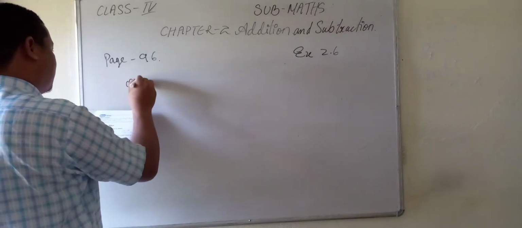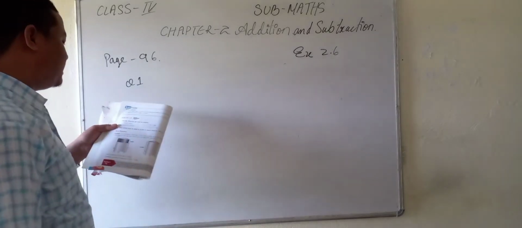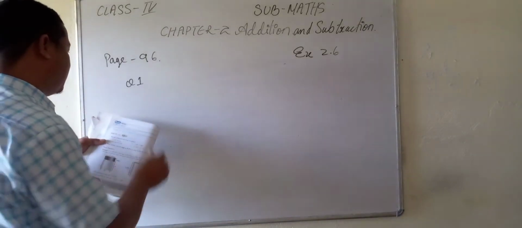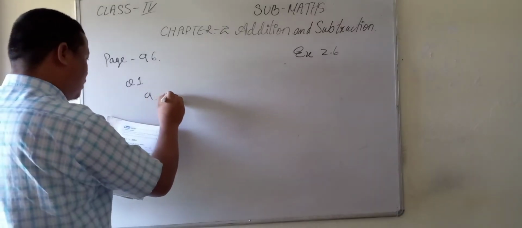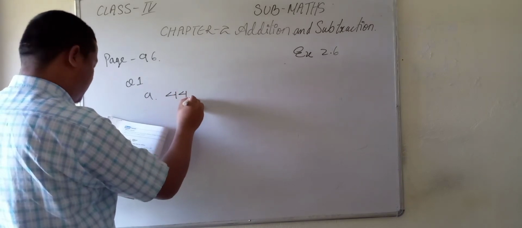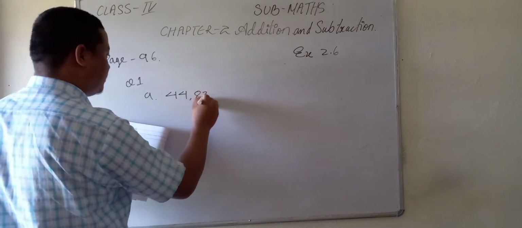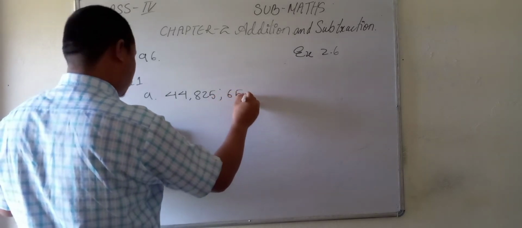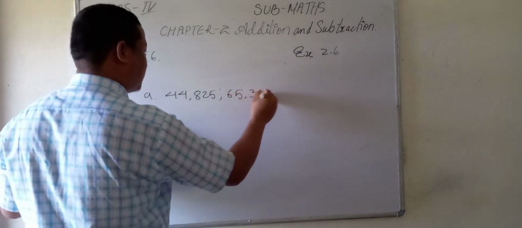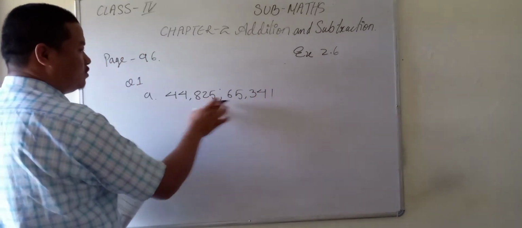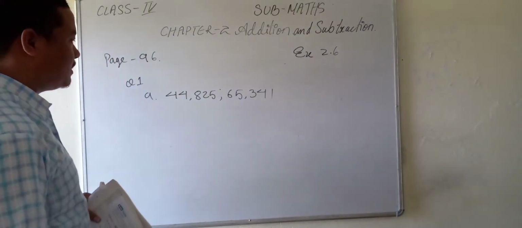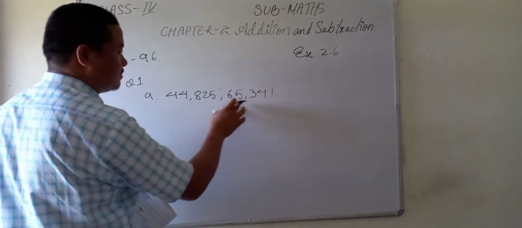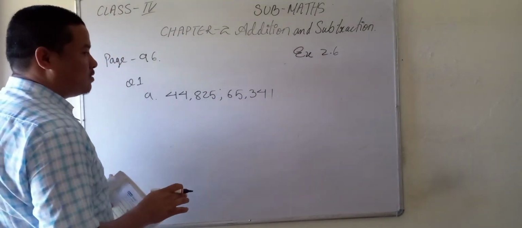Question number 1. Find the difference and check by addition. A. 44,825, 65,341. Among these two numbers, which one is the biggest number? Yes, this one is the biggest number. 65,341.